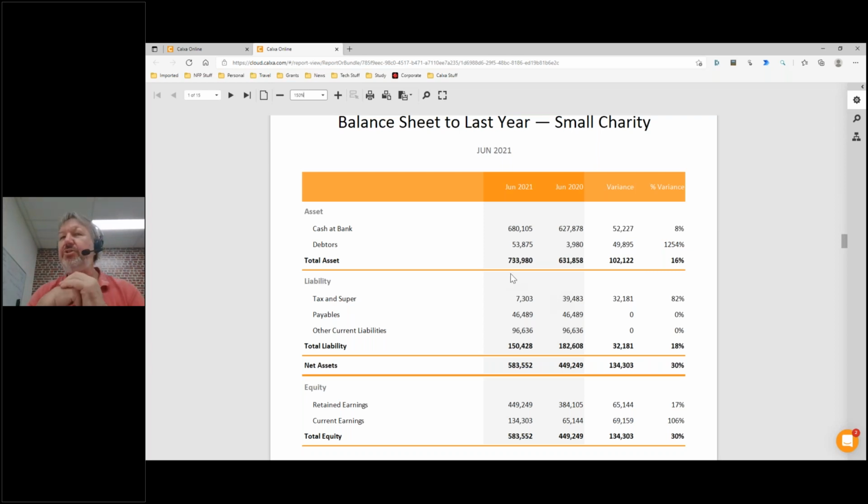And I think when you're doing end of year reporting, the logical period to compare to is the end of the previous year. So how much has the cash at bank changed? In this case, it's increased by 8%. Our outstanding debtors have increased considerably.